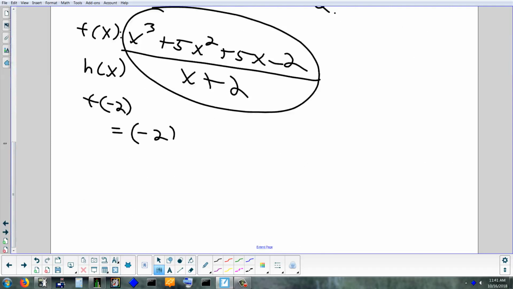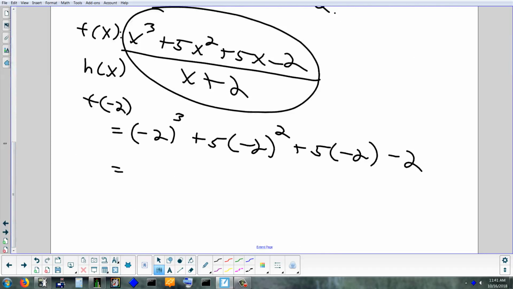So negative 2 cubed plus 5 times negative 2 squared plus 5 times negative 2 minus 2. Okay, what's negative 2 cubed? Negative 8 plus negative 2 to the second power is 4 times 5 is 20.